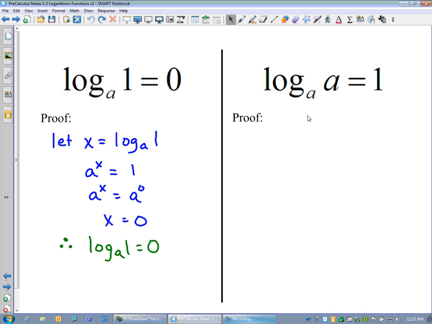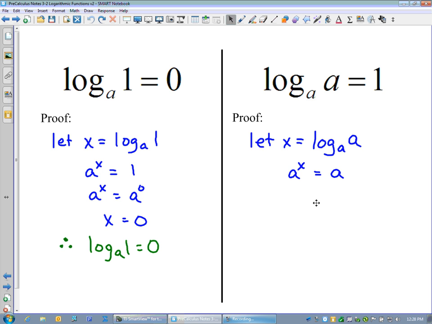And the next proof is actually almost exactly the same strategy. First, I'm going to let x equal this expression on the left. So let x equal log base a of a. And now I'm going to rewrite this in exponential form, because x is the exponent of a that gives you a.